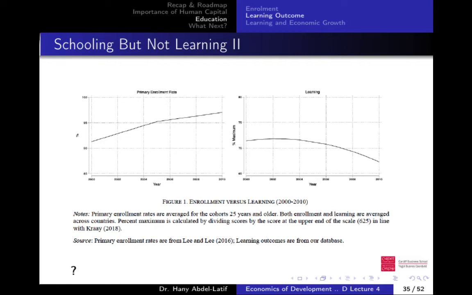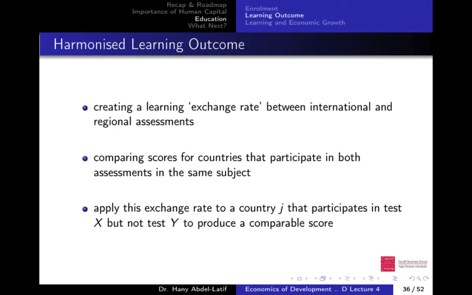So, as I said, this figure here is based on what they call harmonized learning outcomes, or HLO. They have a very interesting idea. To create comparable statistics, you need students to do the same assessment or attend the same test.